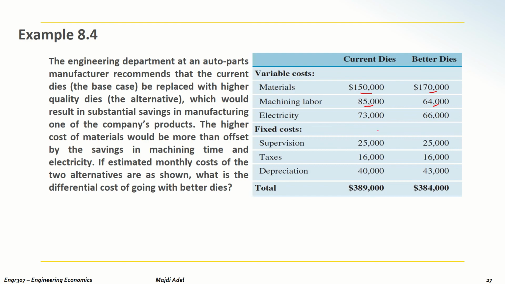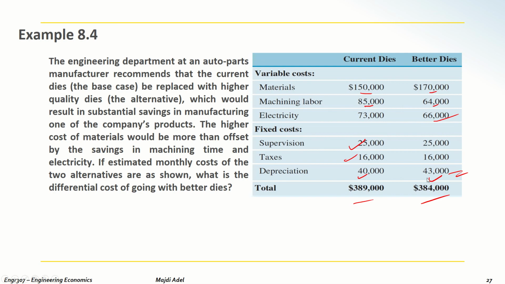Electricity costs 73,000 and 66,000. Now for the fixed part, or the fixed cost, supervision costs 25,000, taxes 16,000, depreciation 40,000 and 43,000. The depreciation is different between the two cases because the machine will be used less in the second option. And this is the total cost.